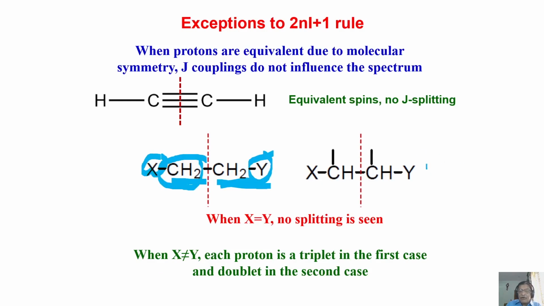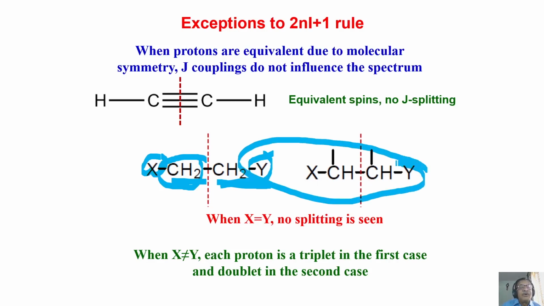On the other hand, X equal to Y, in this case or in this case, no problems. When X is equal to Y, there is no coupling at all. You don't have to worry about anything. Simply say there is a perfect symmetry in this molecule. This proton cannot interact with this proton. There is no coupling. It is not seen in the spectrum.